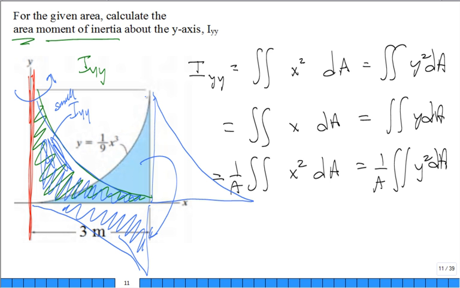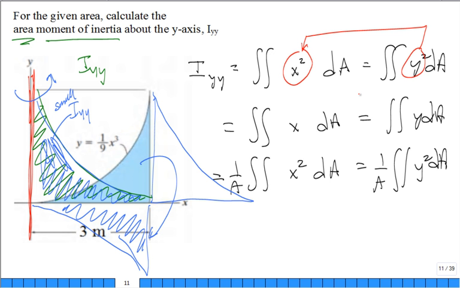So I know that a few of you have the right answer, but some of you are toggling between, do I put x or y inside the integral dA? What is a measure of how far it is away from the y-axis? X, and that always throws me for a loop.